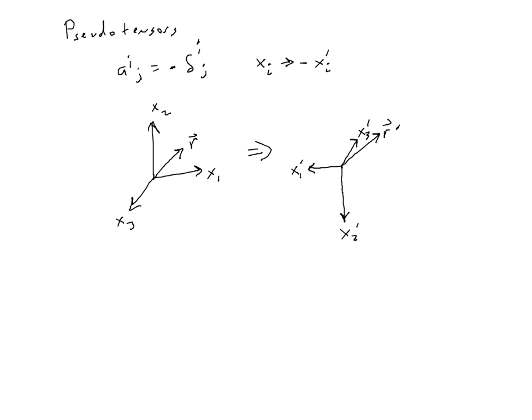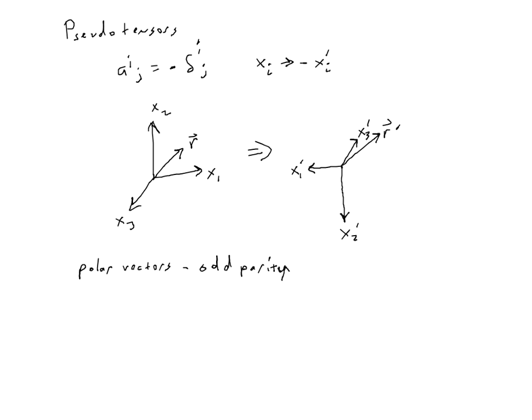And so what's happened is that most vectors are called polar vectors. A polar vector is one where the sign of the vector is reversed when you apply this type of transformation. In other words, it's called odd parity.